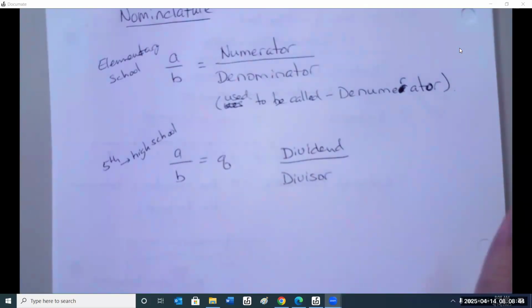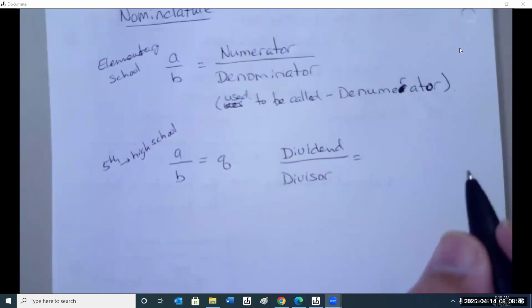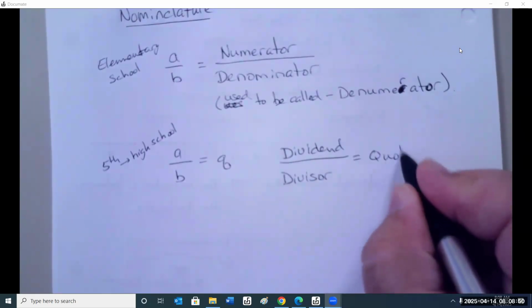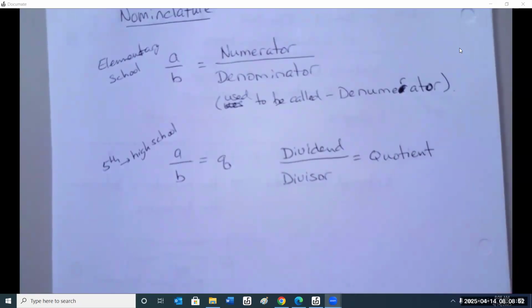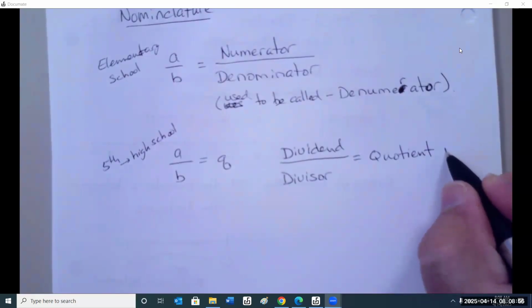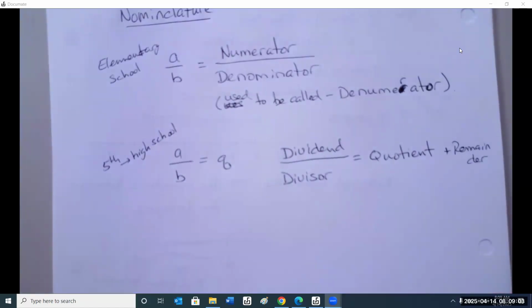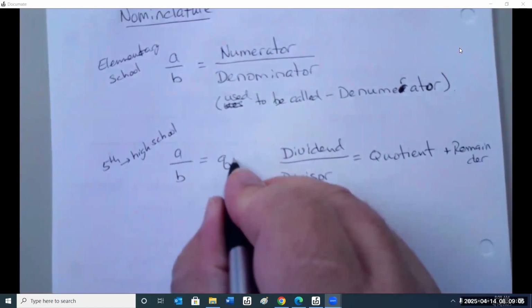The bottom is called a divisor. And the answer is called a quotient, plus a remainder if you have one. Plus R.